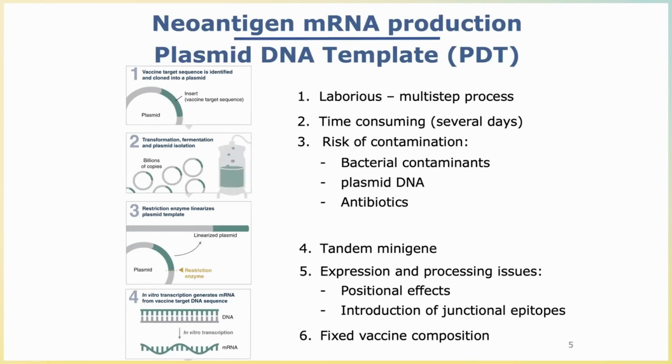Other risks are a little bit more inherent to the way that we use these plasmid DNA templates in the context of neoantigens. Since the cloning takes time, we bring in the sequence of different neoantigen epitopes in what we call a tandem minigene, meaning that we have different sequences that we link together with adapter sequences.